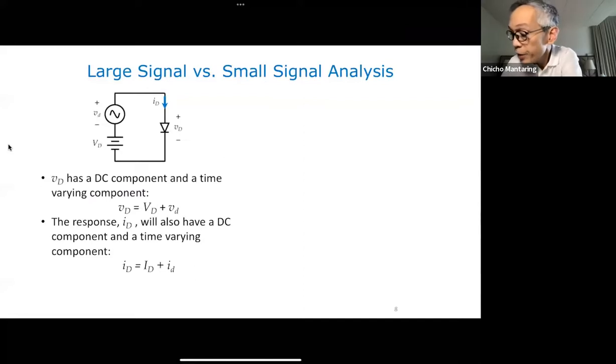This V sub D will establish what we call my operating point.